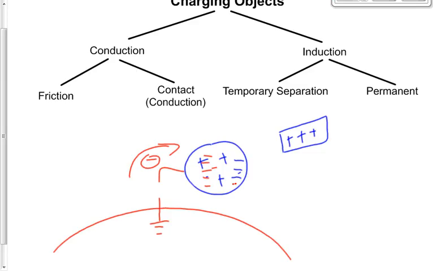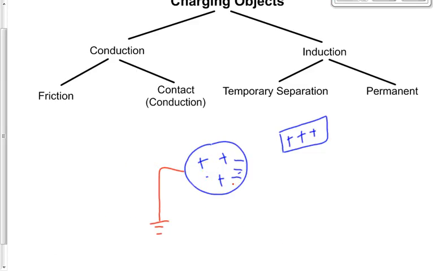Quick little modification to this: what would happen if you just attached another object right here? It's touching. What's going to happen to that? Let's say it's neutral.